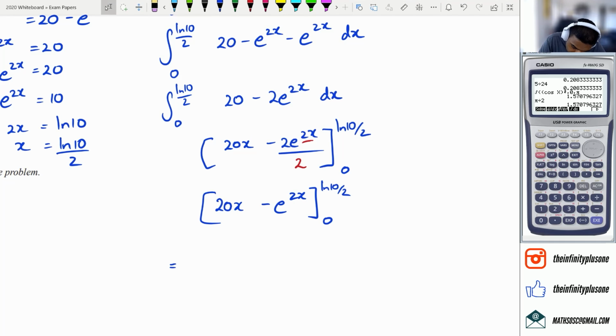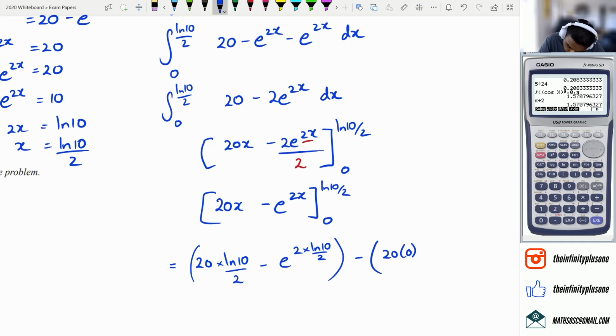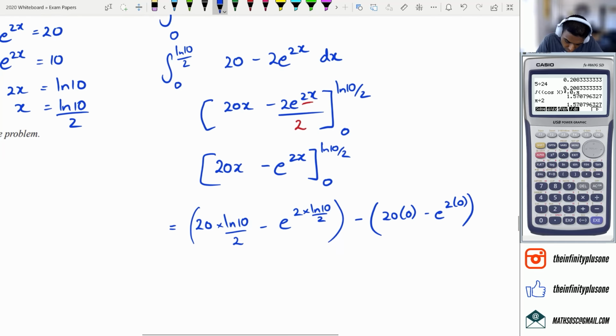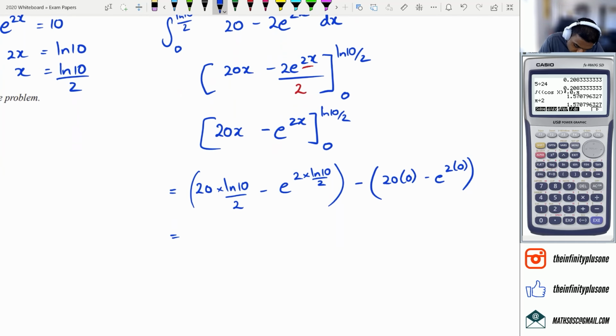Now it's just a matter of substituting everything in and solving it. So we have 20 multiplied by ln of 10 over 2 minus e to the power of 2 times ln of 10 over 2, minus 20 times 0 minus e to the power of 2 times 0. 20 over 2 becomes 10 ln of 10, minus, the 2's cancel out, e to the power of ln of 10 is just 10, minus 20 times 0 is 0 minus e to the power of 0 is 1.